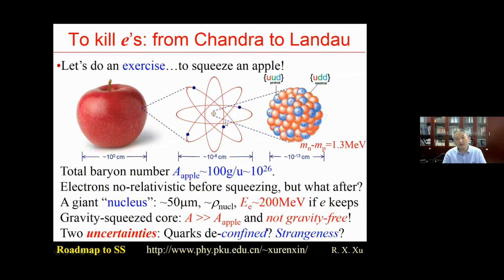The basic units inside the nucleus are protons and neutrons, and the neutron is a little bit heavier than the proton, by about 1 MeV. So this is an apple.